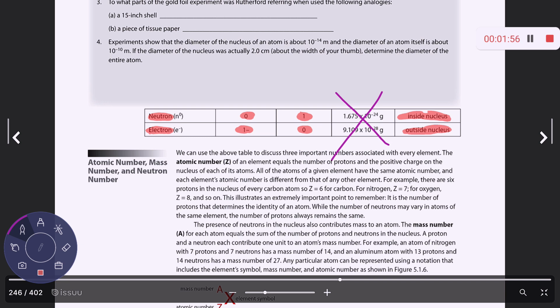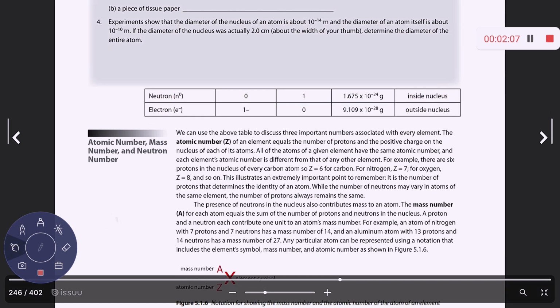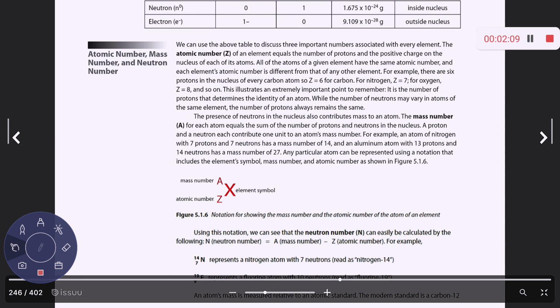You may want to have your periodic table out that has all the atomic masses on it because it actually labels the atomic number and the mass number for you, so that way you never get confused. So let's take a look here. And this should be reviewed. This should be something that you guys discussed in biology at the very beginning of the class.